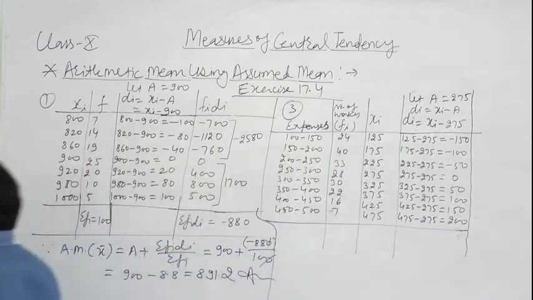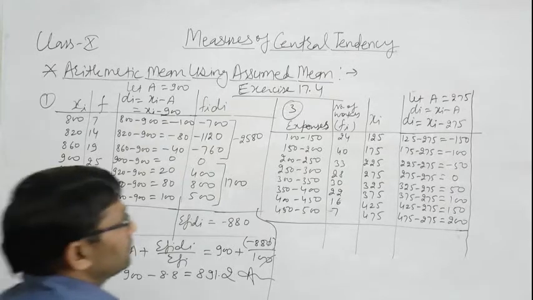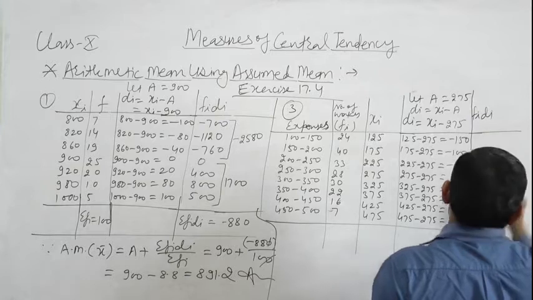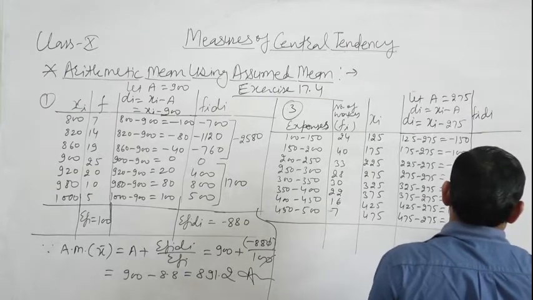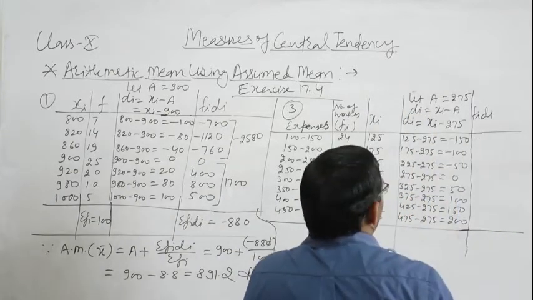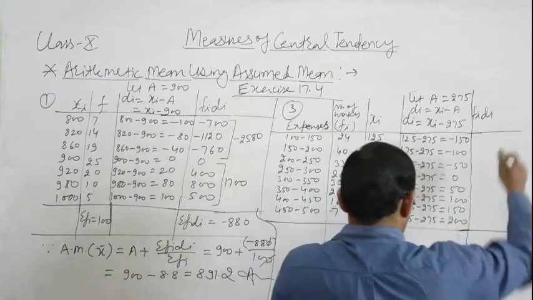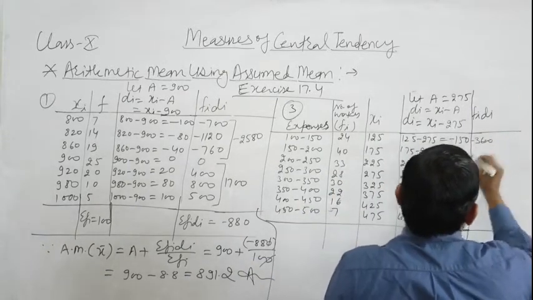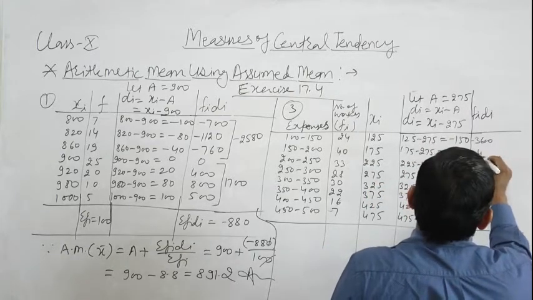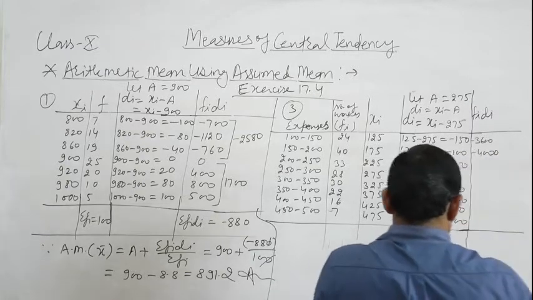Now we find the values of fi di. The next column is fi di, fi multiplied by di. Minus 150 multiplied by 24 is minus 3600. Then 40 multiplied by minus 100 is minus 4000.